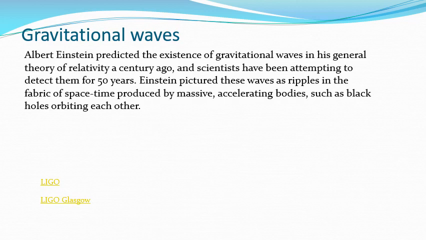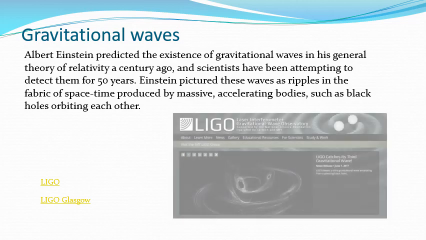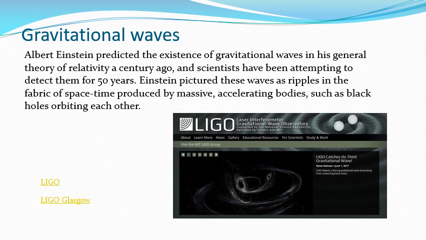Einstein's theory of general relativity predicted gravitational waves, little ripples across space-time produced by massive accelerating bodies such as black holes orbiting each other, and we have now detected these in LIGO, the Laser Interferometer Gravitational Wave Observatory, where basically we have two long tubes that look at light, and we accurately measure the distance in one dimension and then accurately measure the distance in another dimension, and we look at the tiny stretches and squashes.